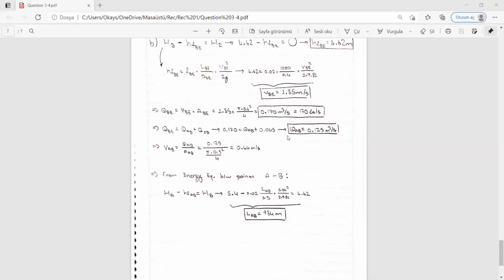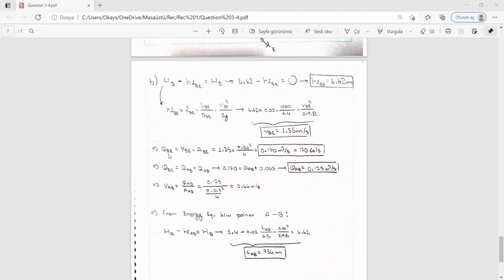Okay, you find the discharge in pipe AB. Again, like how we did here, from discharge, we can go back to the velocity by dividing it by the cross-sectional area. So 0.125 meter cube per second divided by the cross-sectional area, pi times d squared over 4, where d is 0.5 for pipe AB given by the question, and you'll get 0.64 meter per second as the velocity in pipe AB.